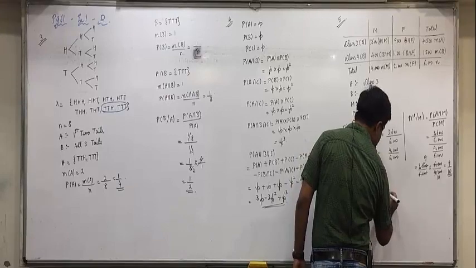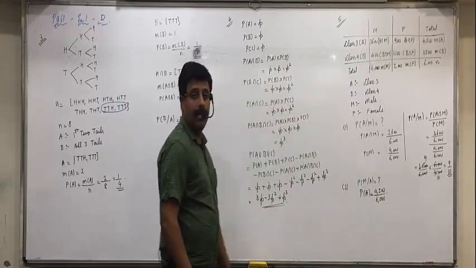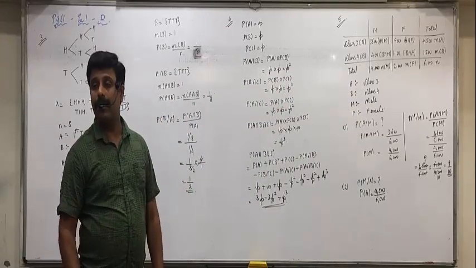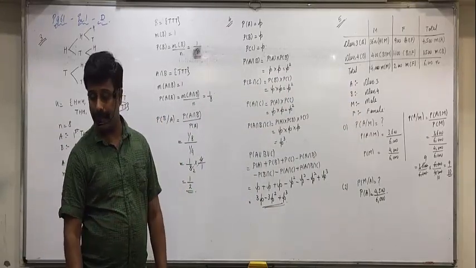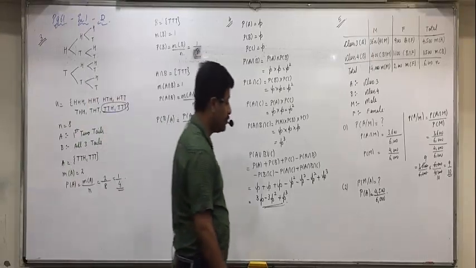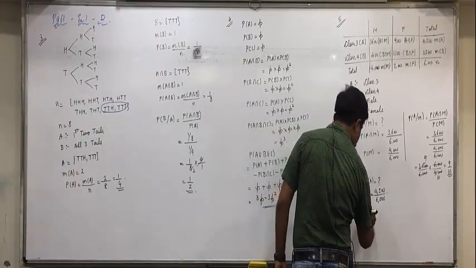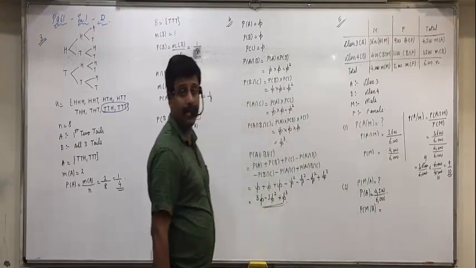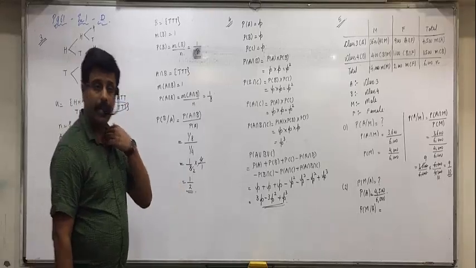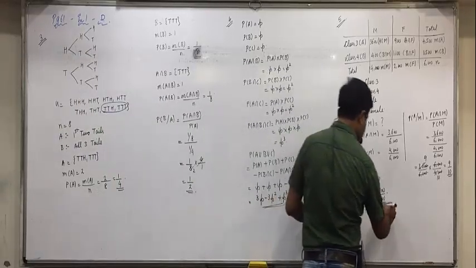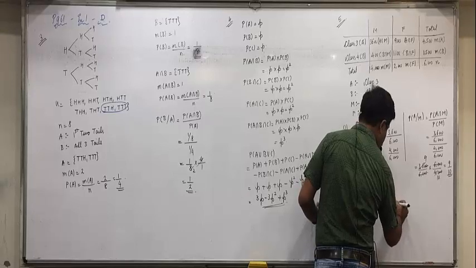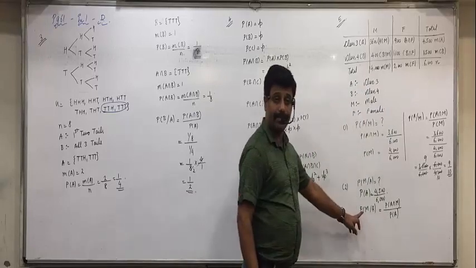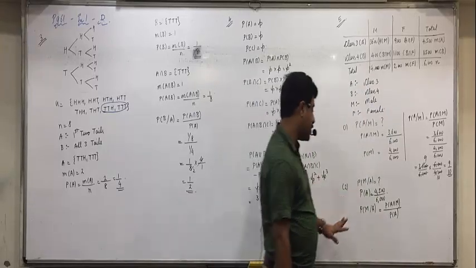Now we can apply the formula. So below that, if the employee belongs to class 3, probability that he is a male is equal to P(M/A) is equal to P(A intersection M) upon P(A).